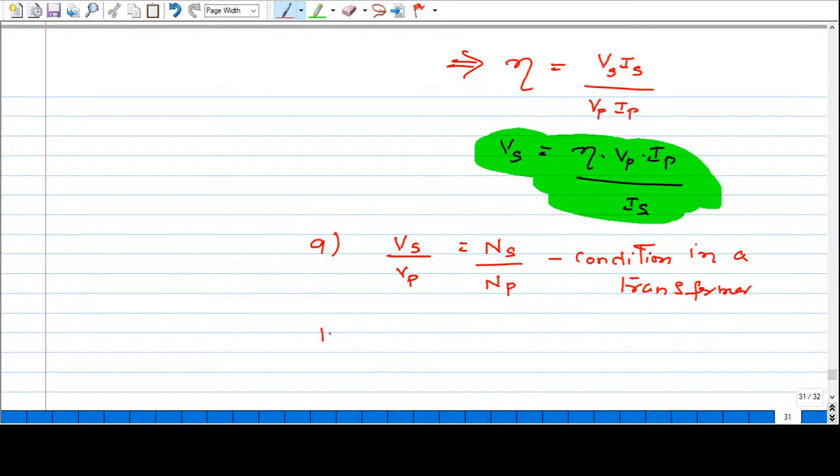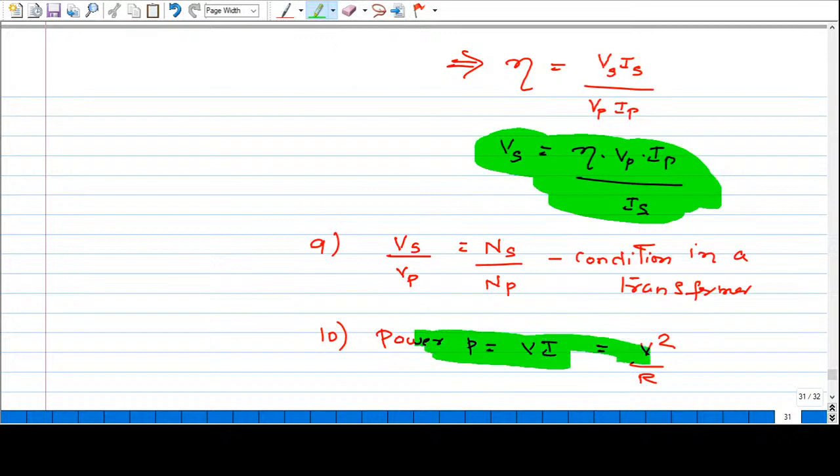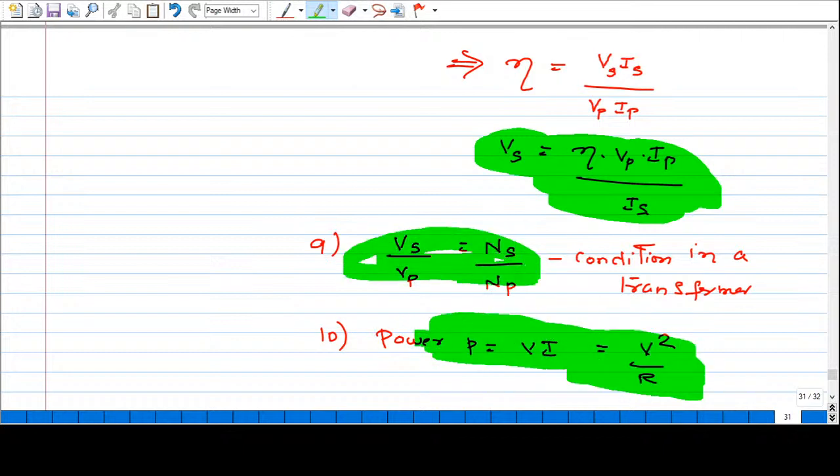And for power, power is generally given by P is equal to VI. We can also write the formula as V square by R. So remember these two important formulas. Based on this also, I am expecting one sum this year.